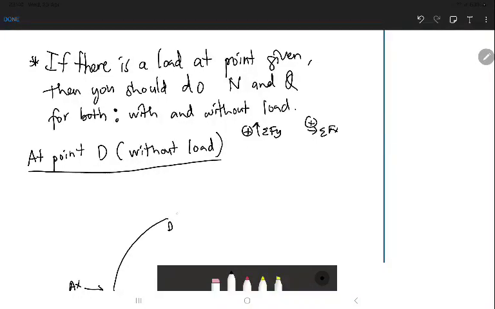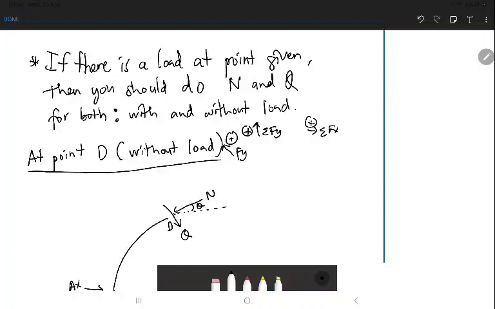Fy here is in this direction, so we get this direction positive. This one N, this one Q.